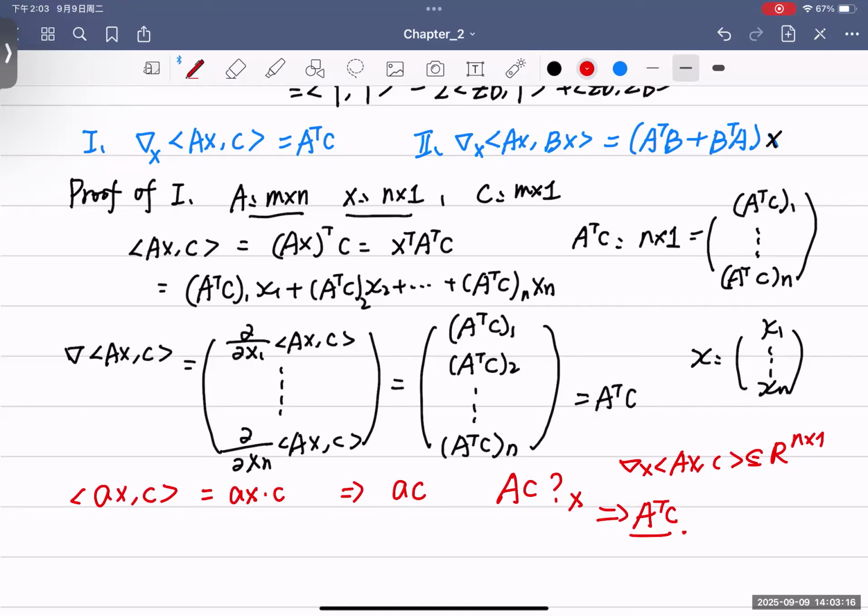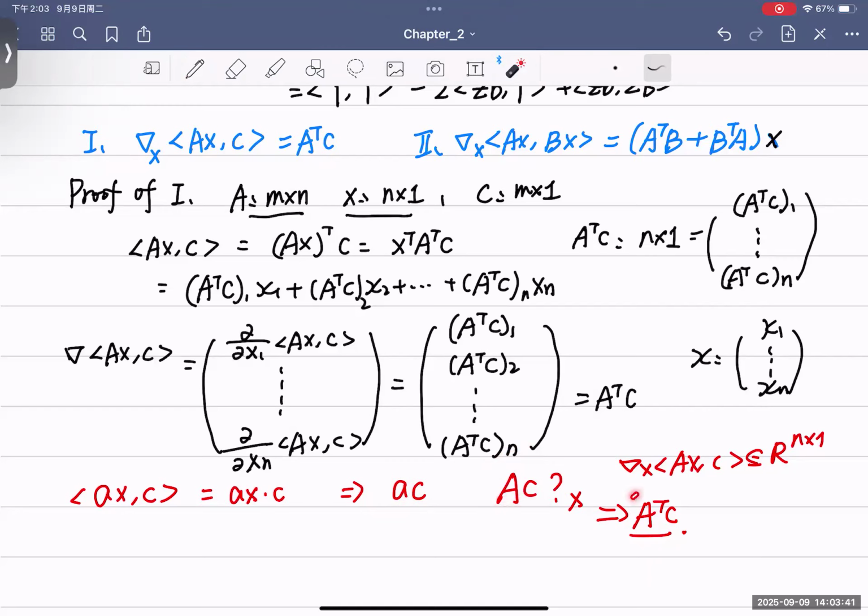What I want to emphasize is that the matrix product is not such a difficult thing. It has a very close relation to the one-dimensional case, but in one dimension the transpose is equal to itself. Therefore, when we handle the matrix form, we should be very careful because of the transpose.